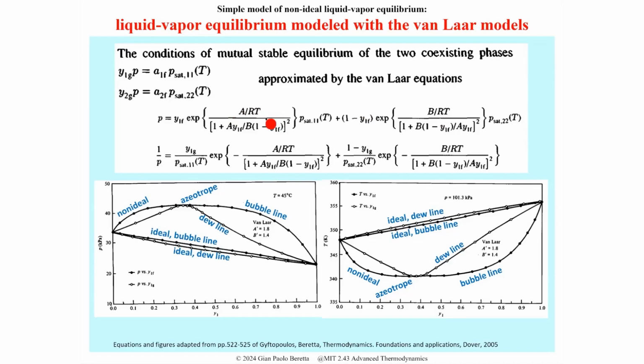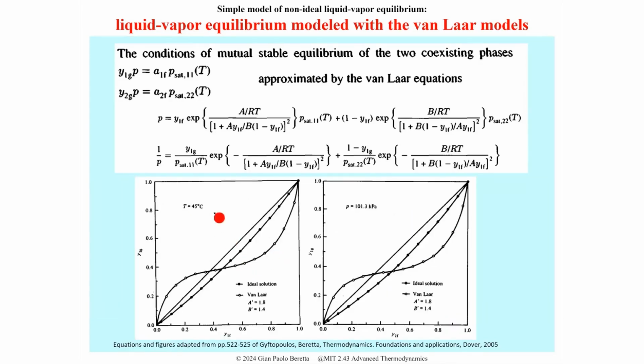This is done by combining these two. You can construct a plot at a constant temperature, but you can also, with the same equations, construct the plot at constant pressure. Okay.